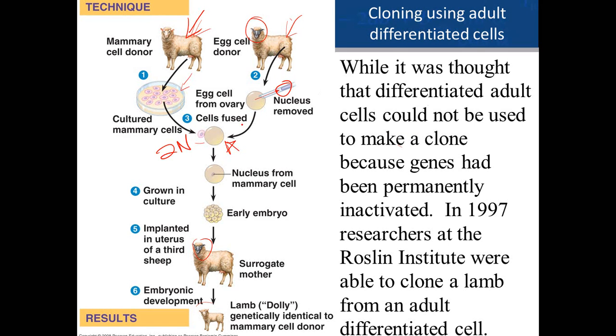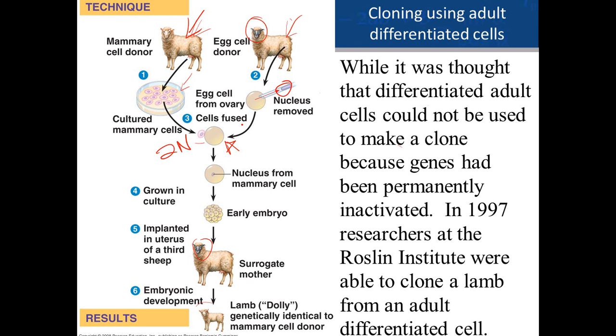And then they basically gave it a little bit of a shock to make it think it had been penetrated, like fertilization. And so it kind of jump-started the cell thinking, oh my gosh, I'm an egg and I've been fertilized and it's time for me now to start to develop. And that's exactly what happened: it started to do mitosis. And so it got a little tiny early embryo.